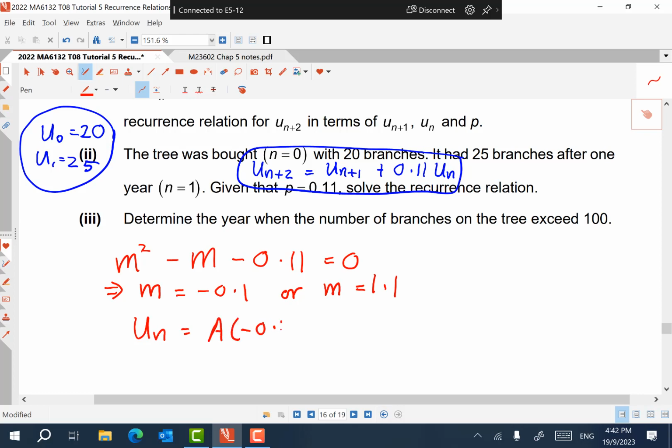minus 0.1 plus B. Okay, once again, after this line, what is left to be done?